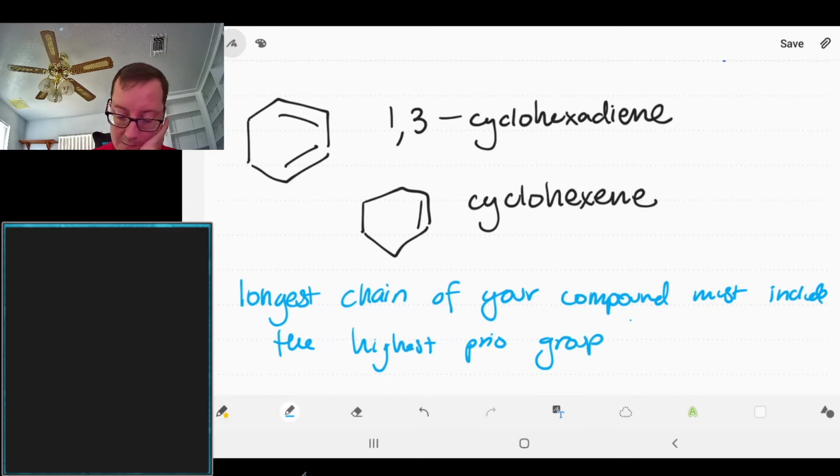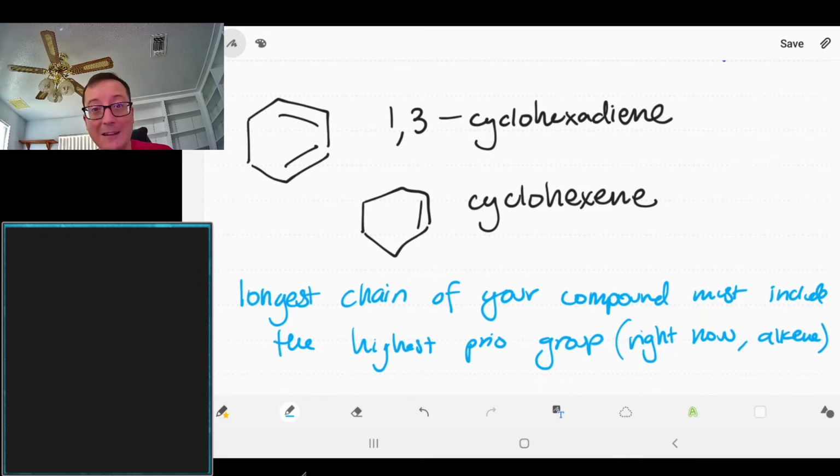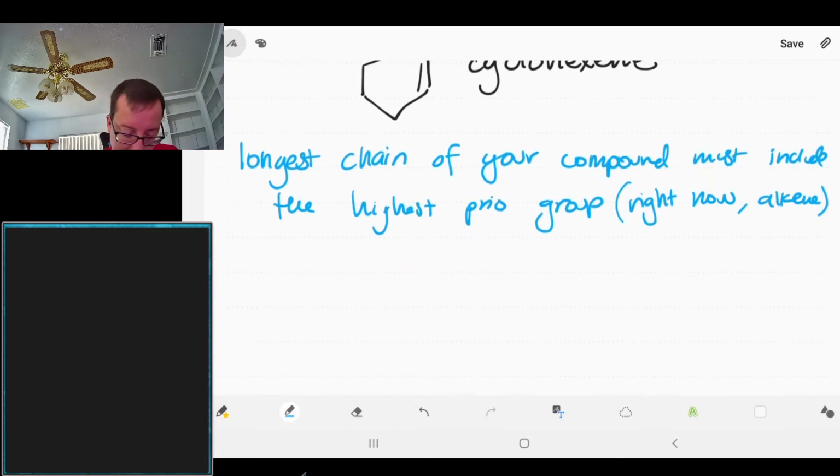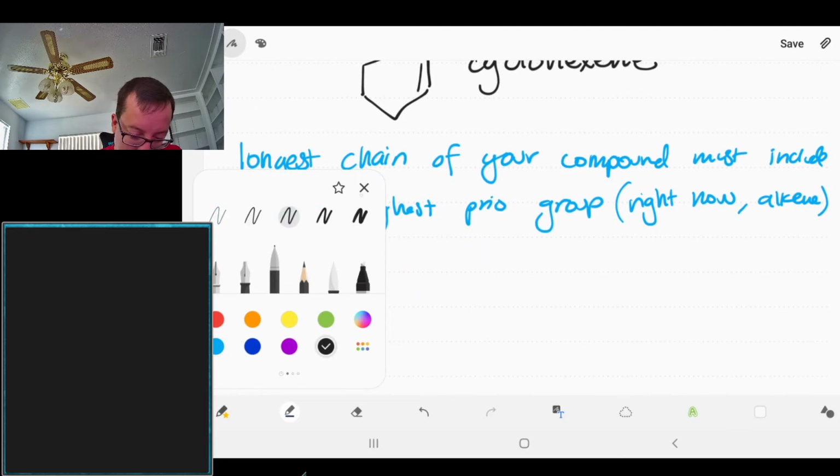And right now, that is an alkene. The only thing that we have learned are alkenes. All the rest of them are lower priority than alkanes, so we just keep hexane as our parent name for now.